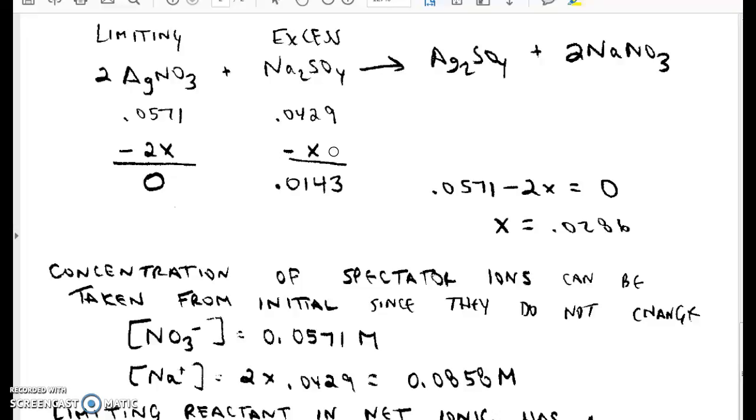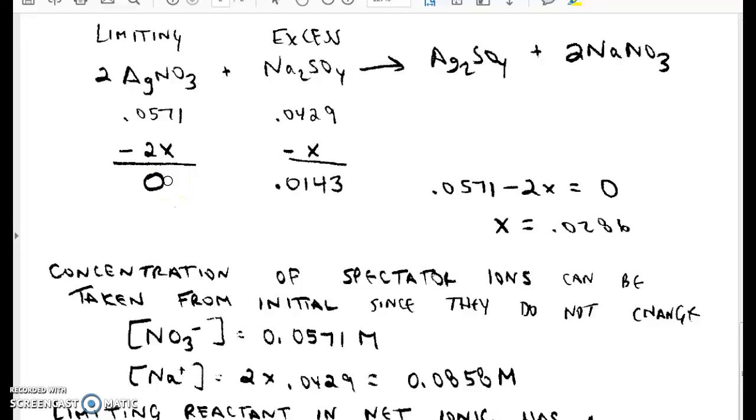So I've previously determined that the final concentration of the silver nitrate is 0. So I start with a molarity of 0.0571 of silver nitrate. I'm going to use 2x, or 2 moles of that, for every 1 mole of sodium sulfate. And I will end, because it is the limiting reactant, with a 0 concentration of the silver ion.